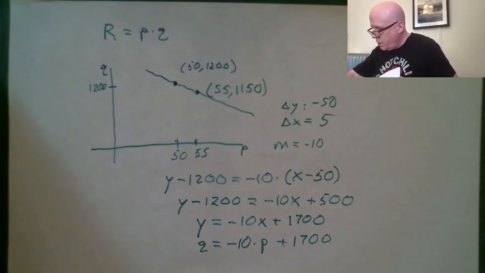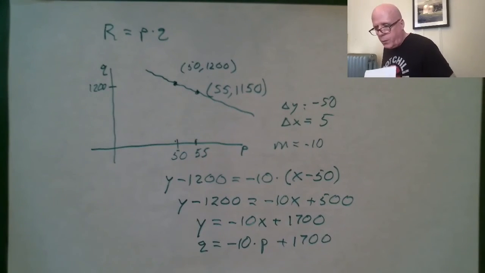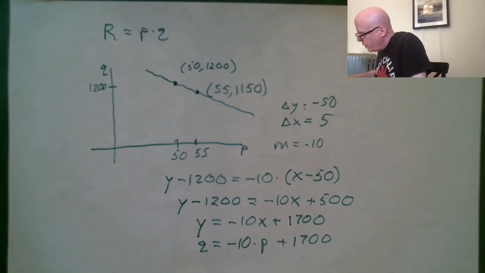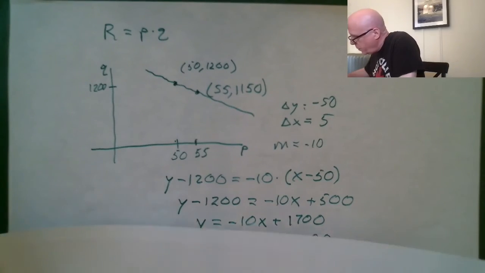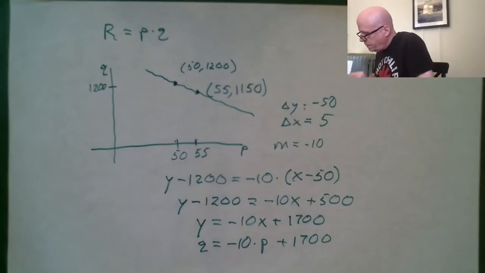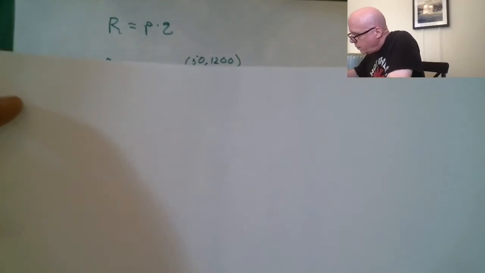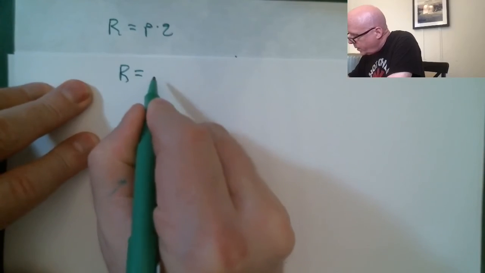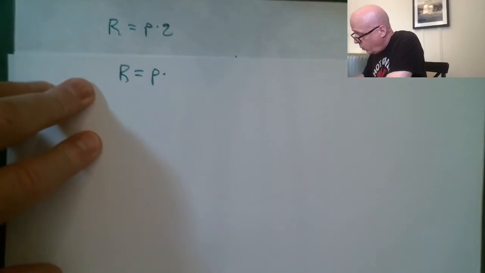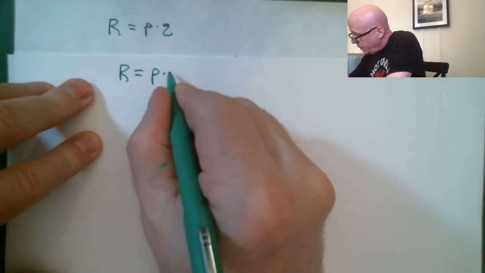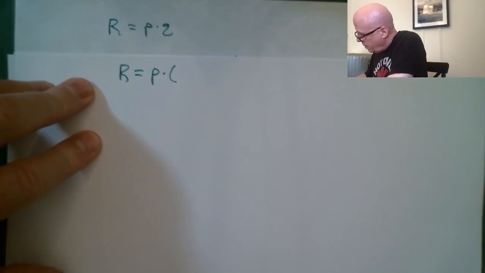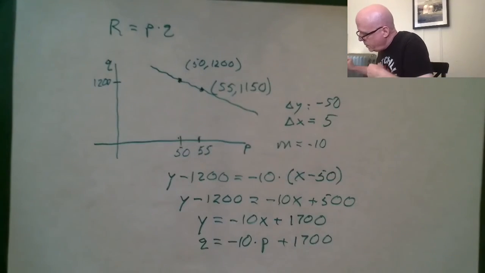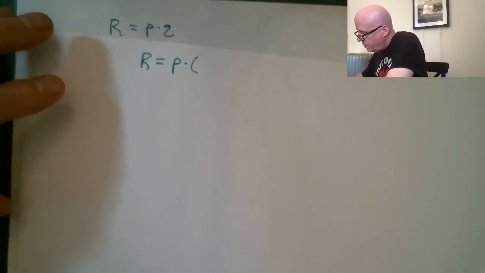Well, we'll need to put that information together with our expression for the revenue, and I'm just going to write this on a fresh sheet of paper. Okay, so our new expression for revenue is the price times the quantity, but the quantity, what was it again? -10 times p plus 1,700.